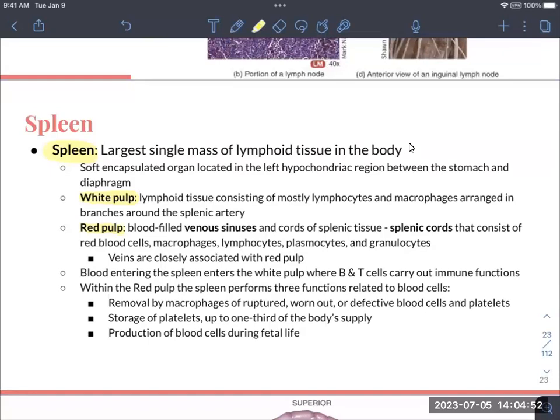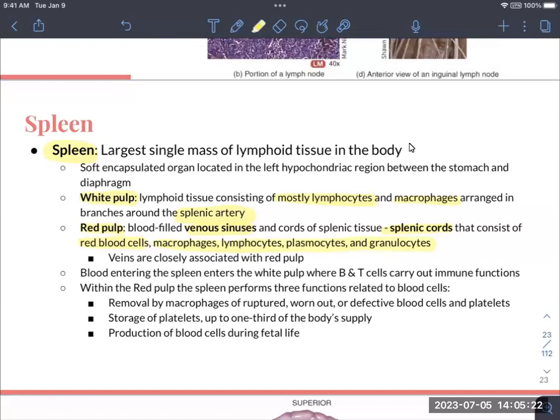White pulp, we have a lot of lymphocytes. We have macrophages, and they're kind of wrapped around the splenic artery. The red pulp has different sinuses. We have splenic cords of red blood cells, macrophages, lymphocytes, plasmacytes, and granulocytes.